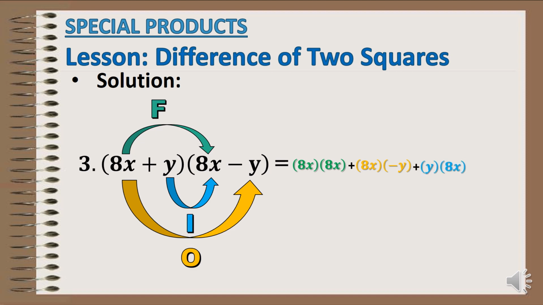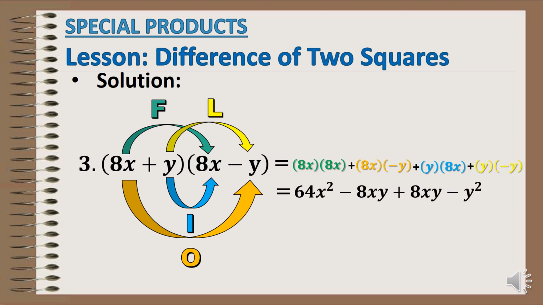And our last term, we have positive y times negative y. Simplify, we have 64x squared minus 8xy plus 8xy minus y squared. Here, our middle term is being cancelled out. And our final answer is 64x squared minus y squared.